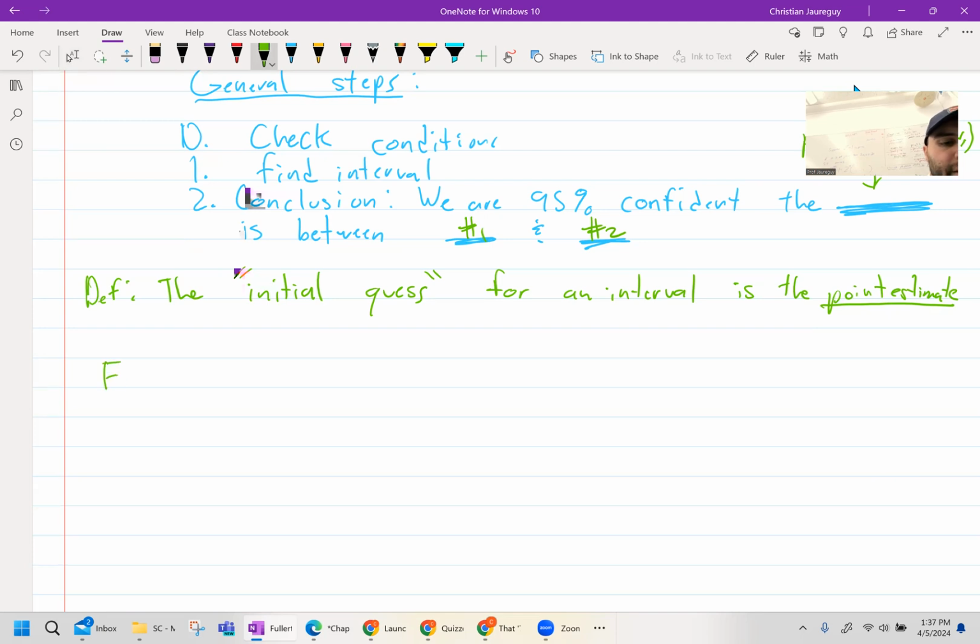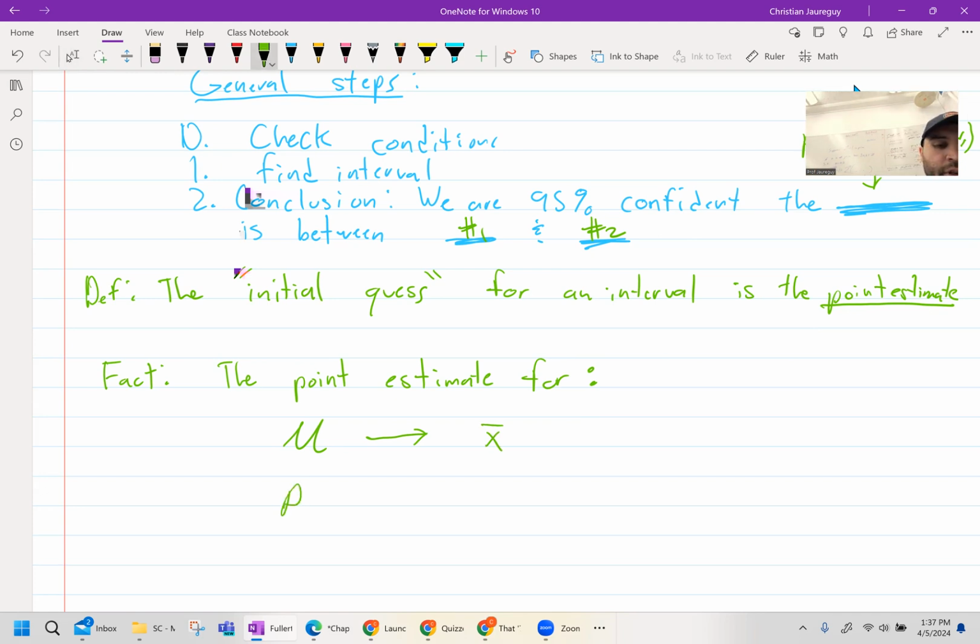So here's a fact. The point estimate for mu, my initial guess for mu, is X bar.